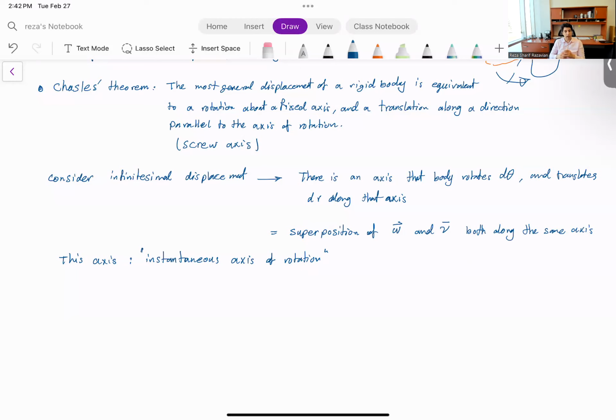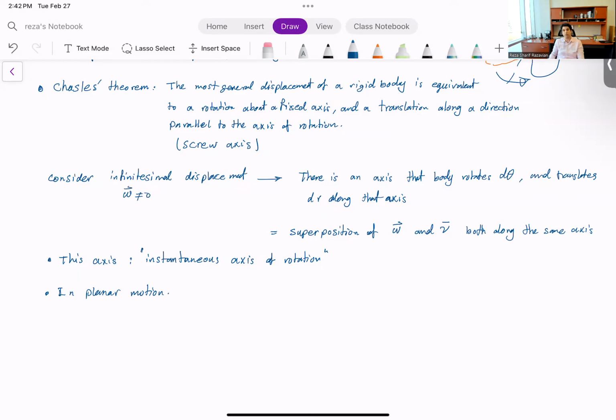And when you think of it as a two-dimensional case, when we had the planar motion, something I should have mentioned: this is only valid, of course, when omega is not zero.